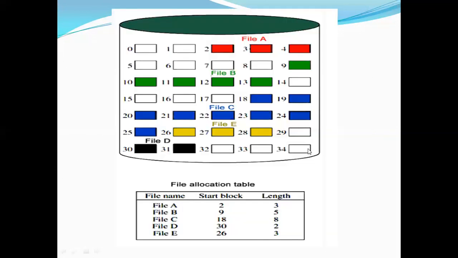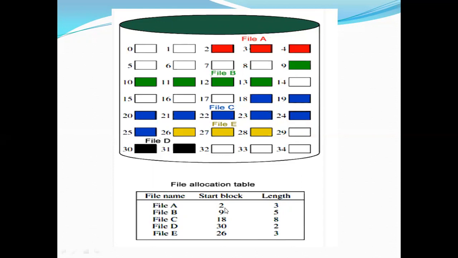As I said, file A starts from block 2 and has length 3. That means the second, third and fourth blocks are allocated to file A. Suppose that the fourth block is the bth location; then the next file always starts from the B plus ith location.